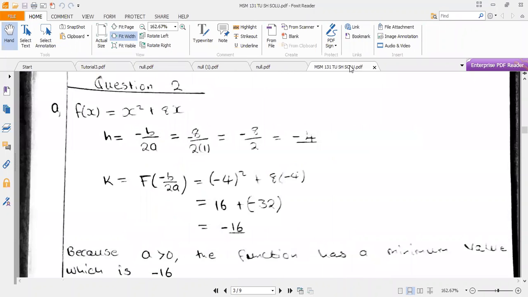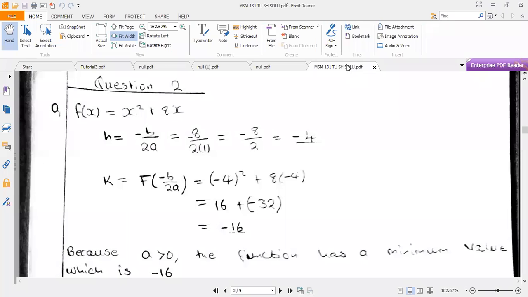We determine it by the a part. Is a greater than 0 or less than 0? If a is greater than 0, then the function has a minimum value. If a is less than 0, then the function has a maximum value.